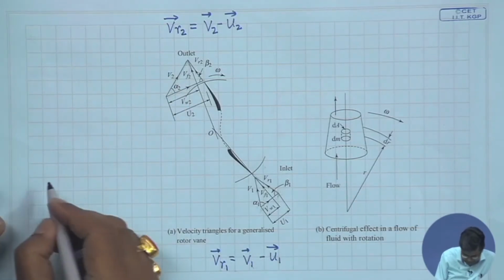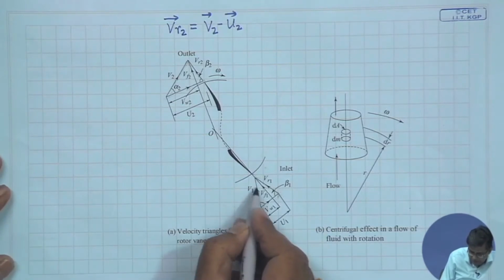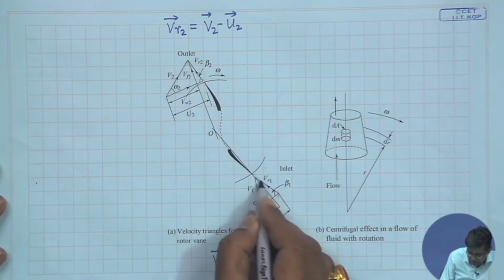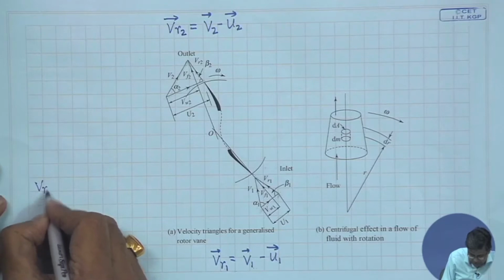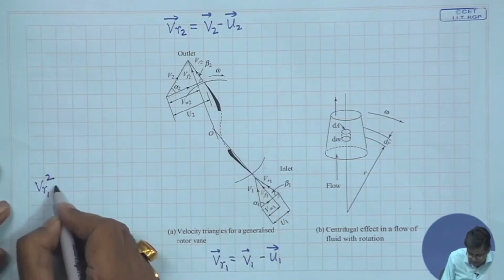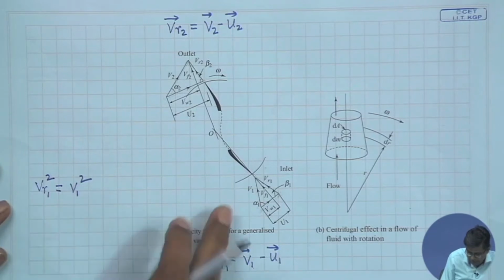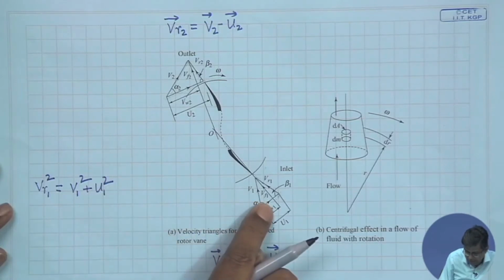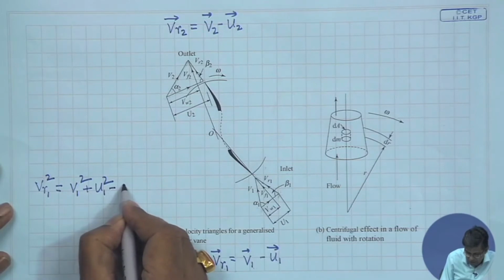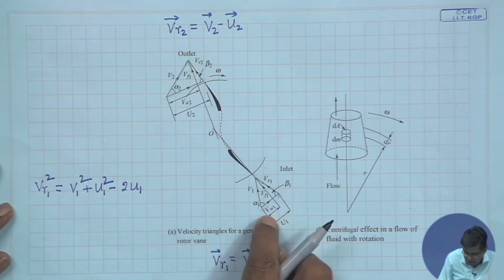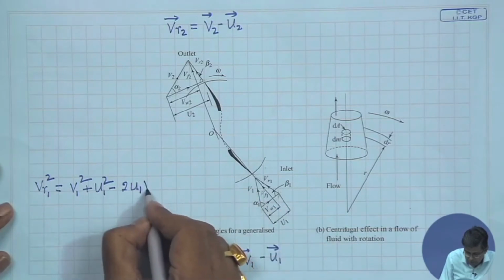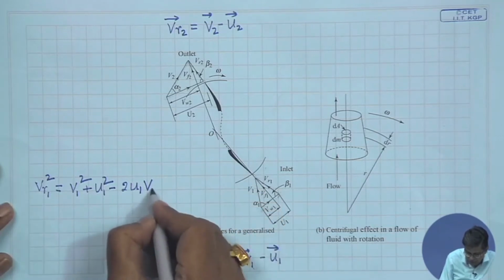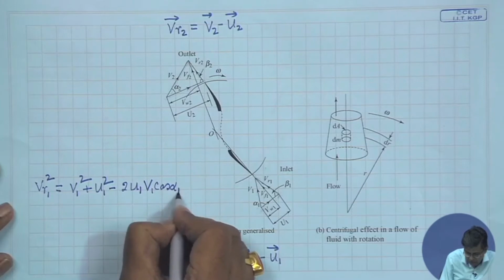Now, let us write here for the inlet. Taking this triangle into consideration, with the trigonometric relation, VR1 square is V1 square, that means the square of two sides, plus U1 square, and this angle is acute, minus twice U1, this is U1, into the perpendicular length, that is the projection of V1 on U1, V1 cos alpha 1.